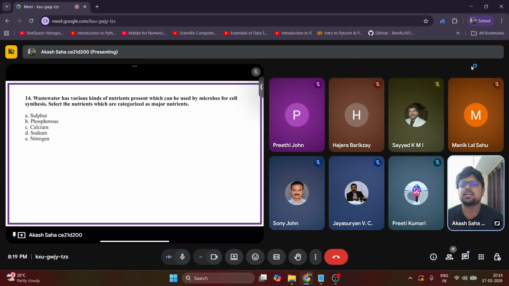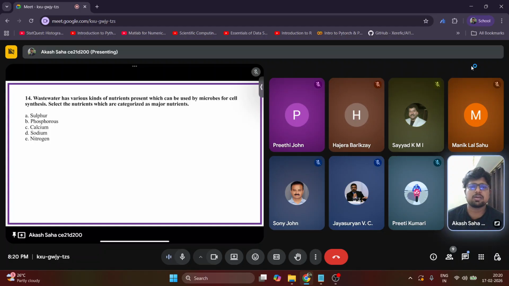Wastewater has various kinds of nutrients present which can be used by microbes for cell synthesis. Select the nutrients which are categorized as major nutrients. So which of them is the major nutrient? Tell me. Calcium.